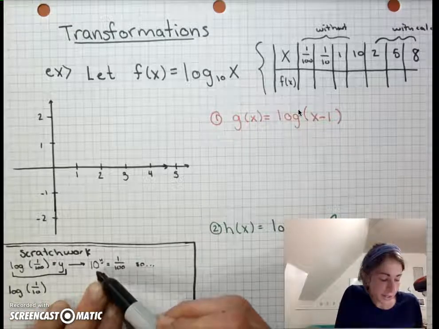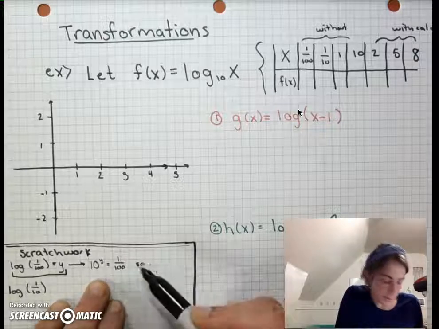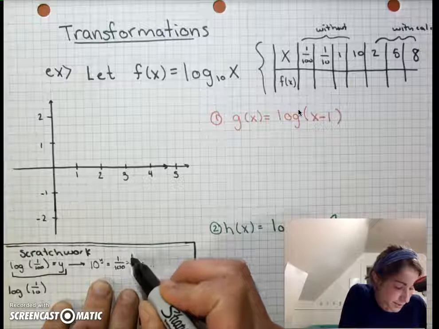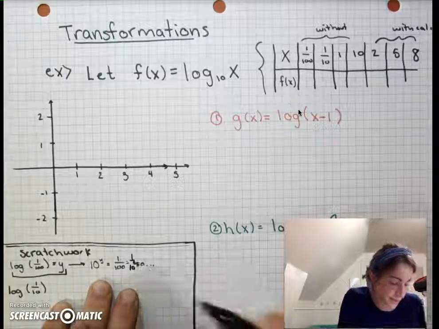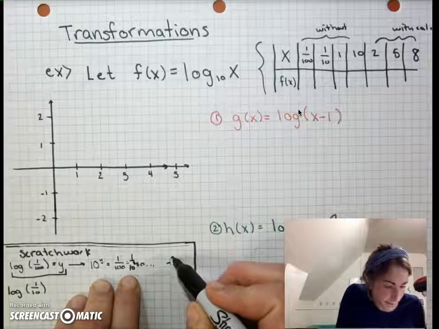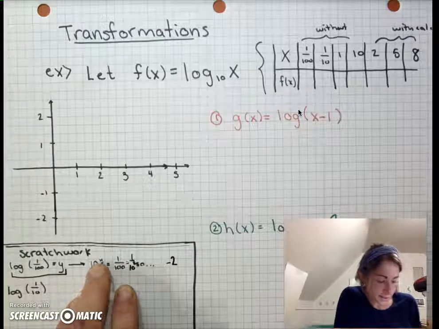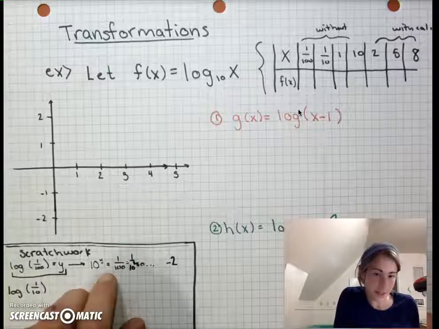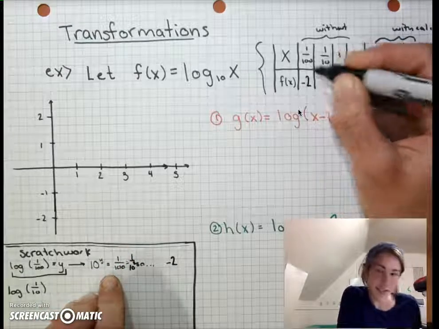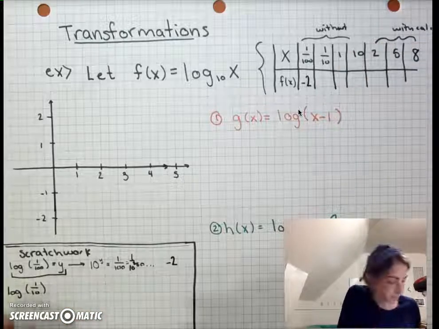I'm trying to figure out 10 to the what equals 1 over 100. If you notice, 1 over 100 is the same as 1 over 10 squared. So y must be negative 2. 10 to the negative 2 is 1 over 10 squared, which is the same as 1 over 100. So f of x, when x is 1 over 100, is negative 2.